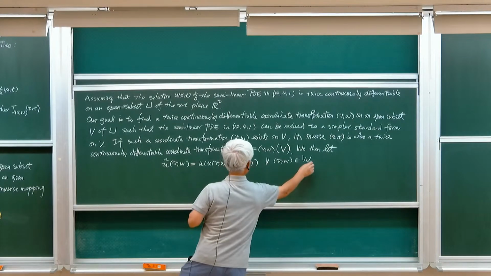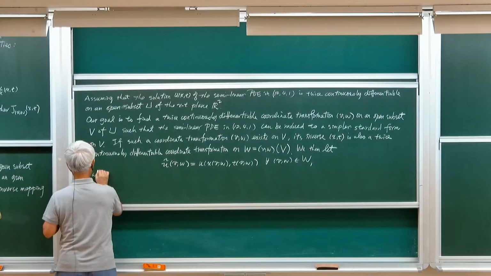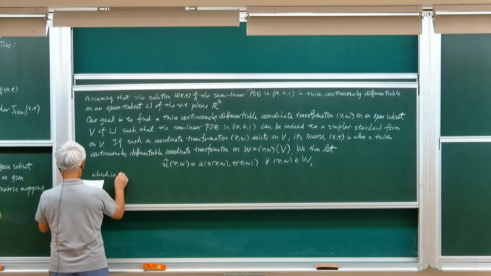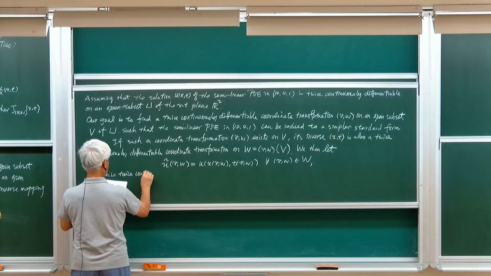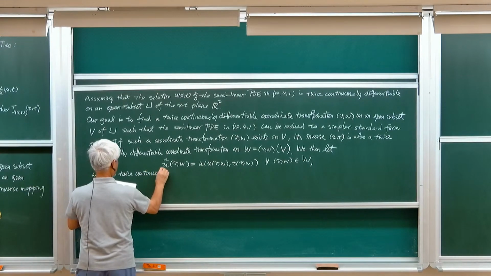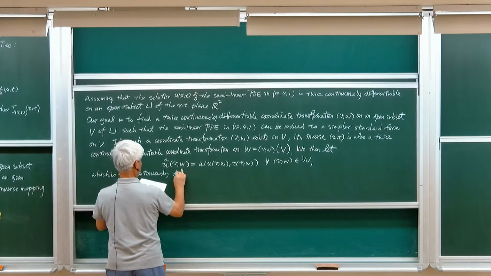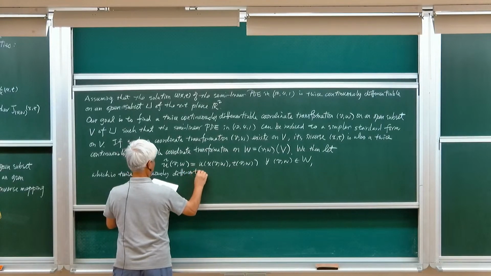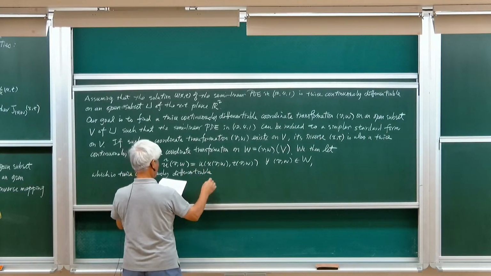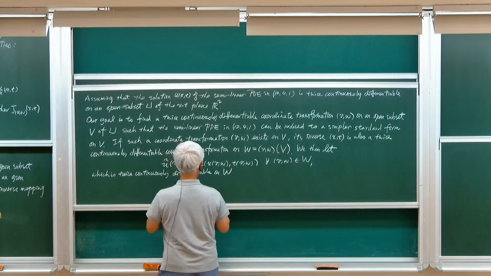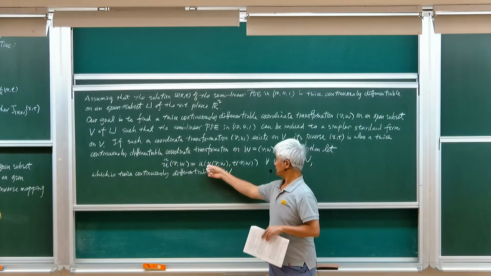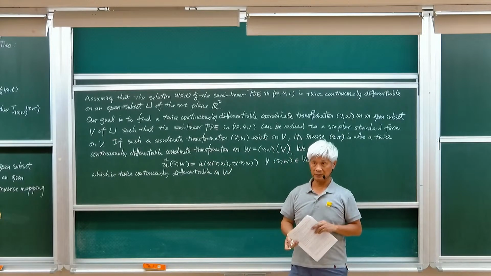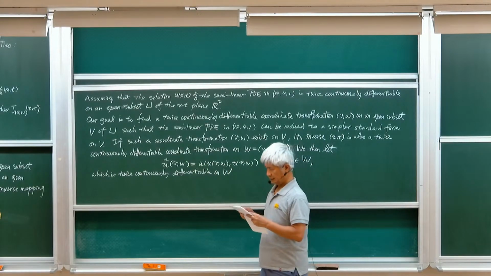And this one is twice continuously differentiable on W, since U is twice differentiable, and x and t are also twice continuously differentiable. Okay.